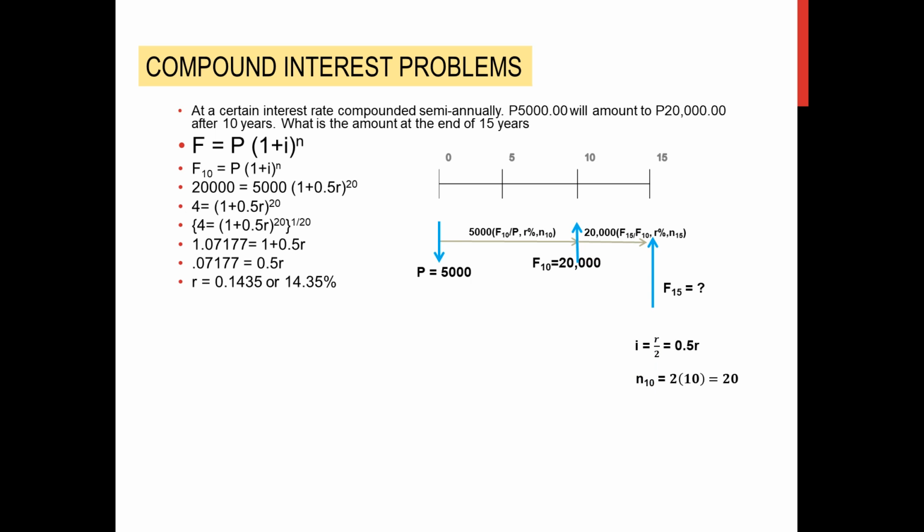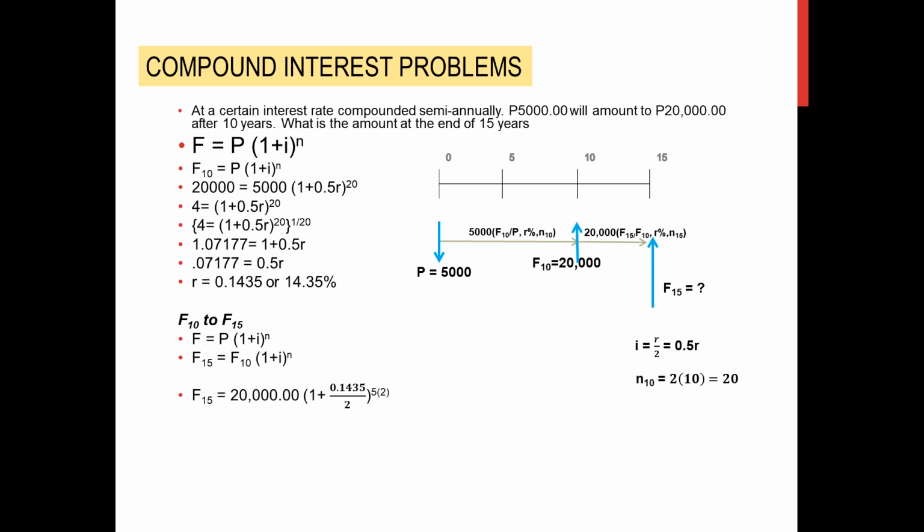With that range, your 10 now becomes the present, and the 15 will become the future of your equation. So we use the same formula. Okay, F15 this time will be the future, and F10 will be the present value or the principal. Okay, so we just substitute all the givens here.